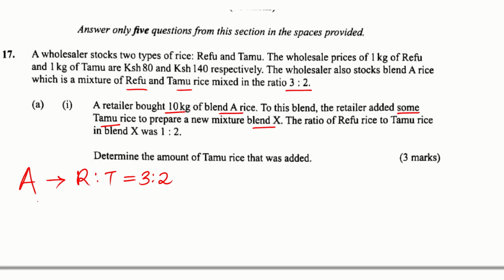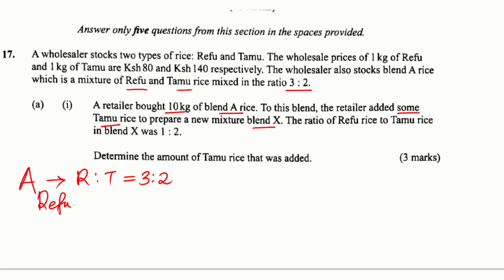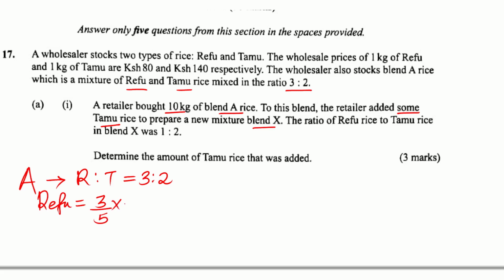So refu will be given by 3 divided by the total, 3 plus 2, that is 5, then multiply by 10 kg. So we want to get out of this 10 kg what amount was refu.